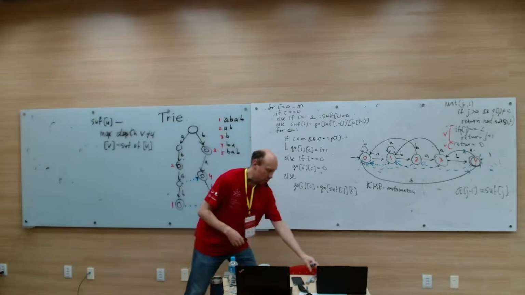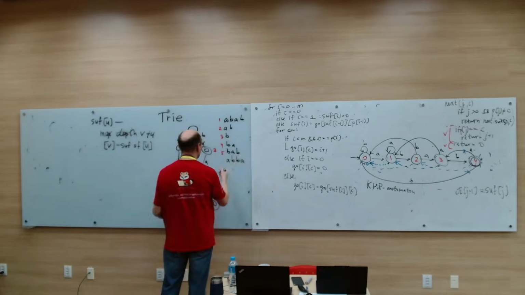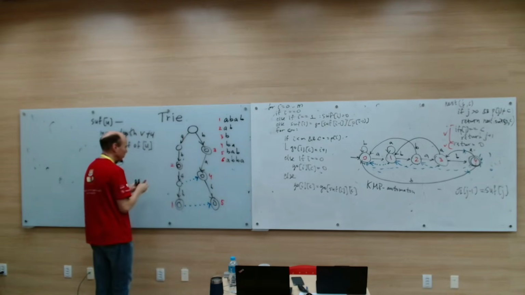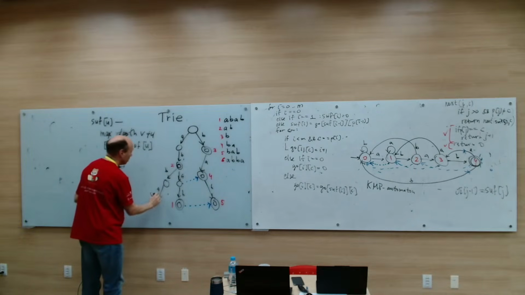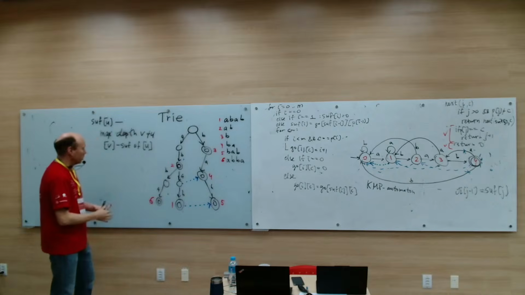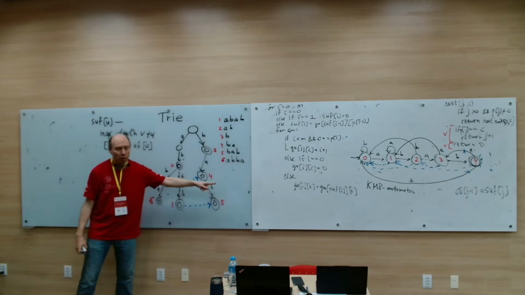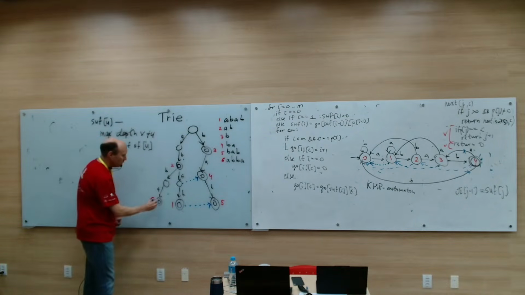Let's add something like ABBA. Number 6. So for this vertex ABBA, BBA we don't have in the trie. So BA we do have, so this would go there.